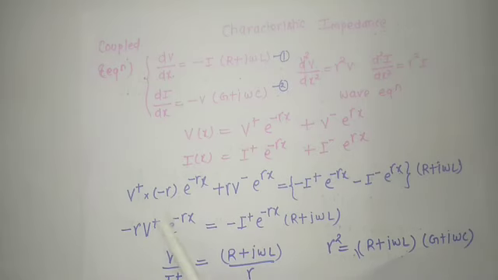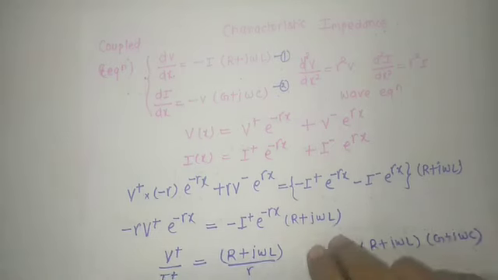So minus gamma V plus e power minus gamma x equals minus I plus e power minus gamma x times r plus j omega l. So can we write V plus over I plus equals r plus j omega l divided by gamma? And recall that gamma square is r plus j omega l times g plus j omega c. From this equation you can say again gamma is a complex quantity.